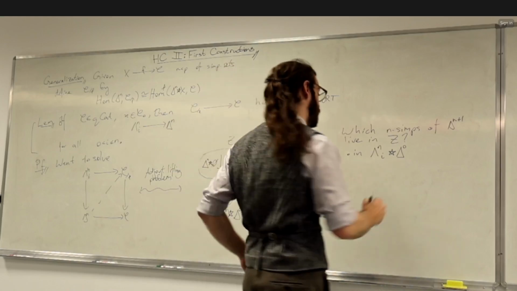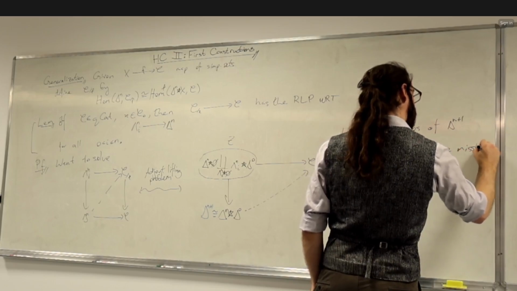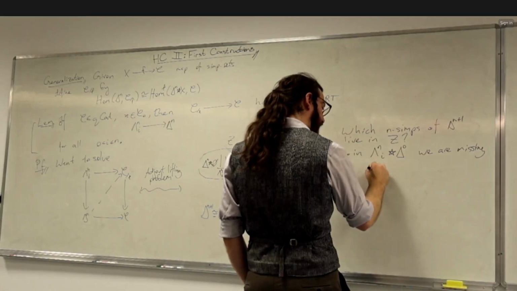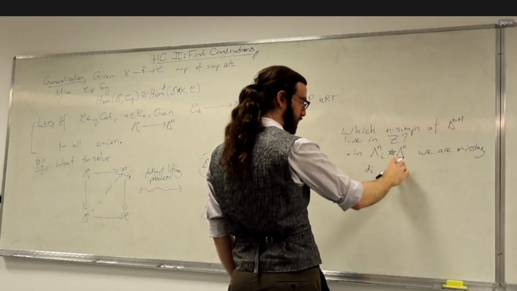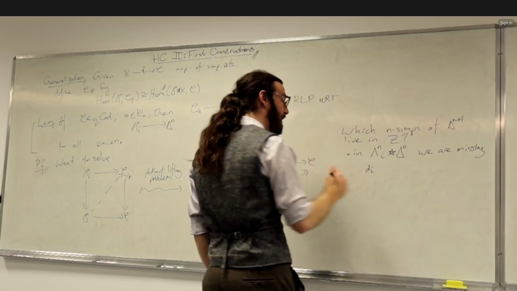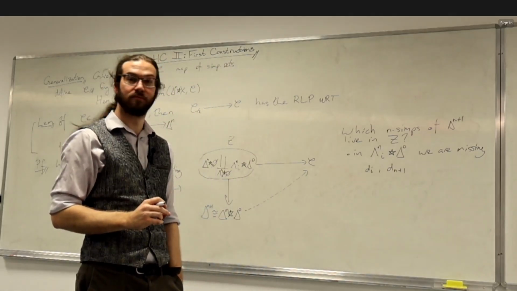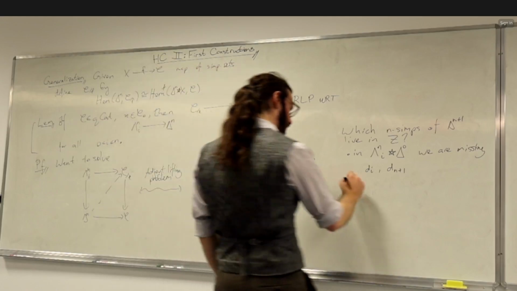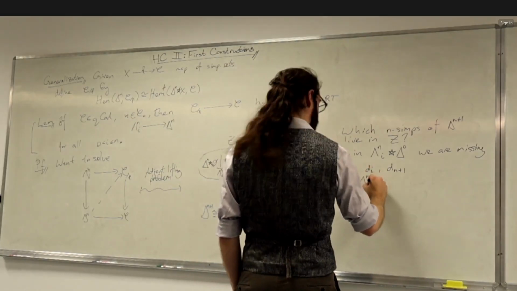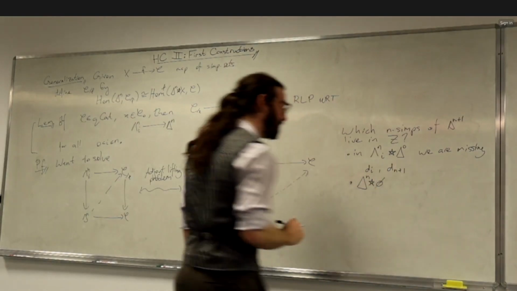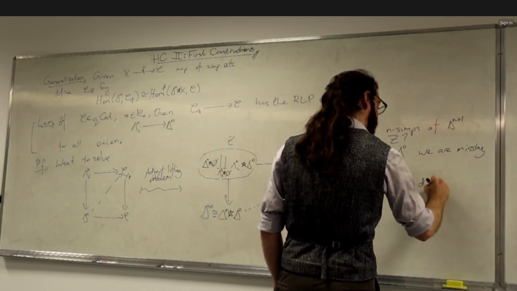We're missing the ith face, of course, because that would be the ith face here joined with delta 0. And we're missing the n plus 1 face. And then here is the n plus 1 face.